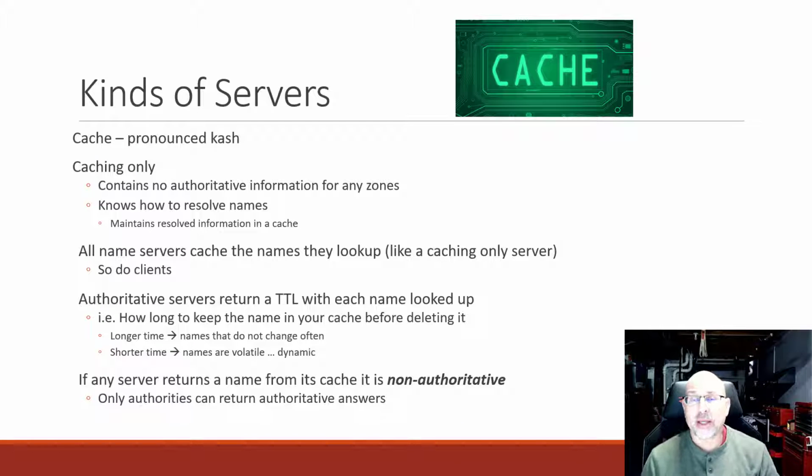Another important aspect to name servers is whether or not they're caching name servers. The idea here is that a name server is authoritative, and it sounds like, oh, big man on campus, right? But it's only authoritative for that cut in the tree, a very small portion of the entire domain name tree. And so there are a couple of things that we can do to sort of optimize things.